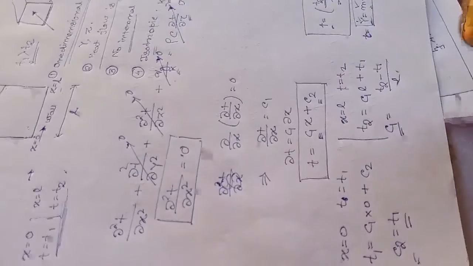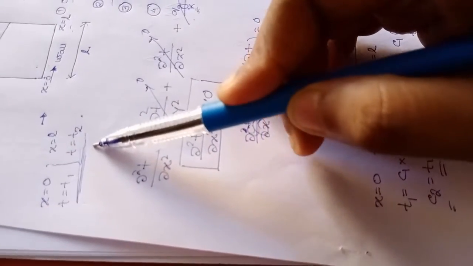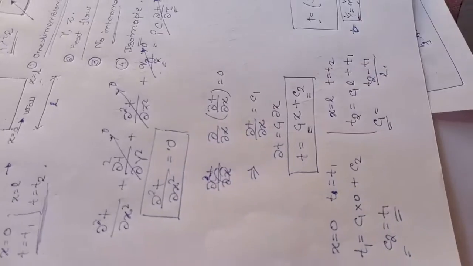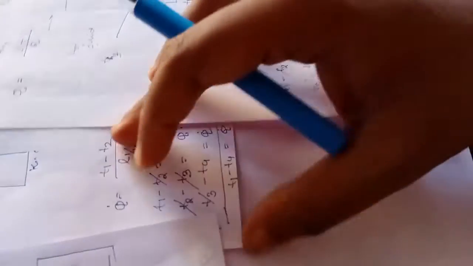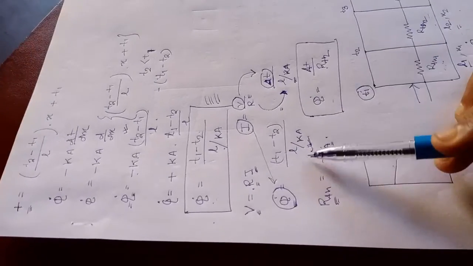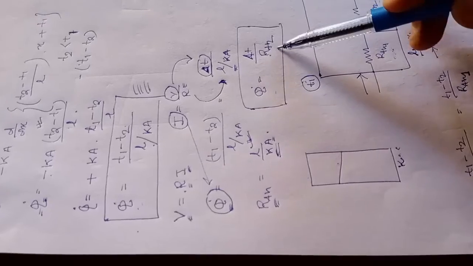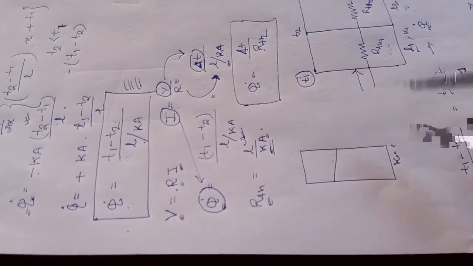And what are the boundary conditions? At x is equal to 0, T is equal to T1, and at x is equal to L, T is equal to T2, and we have derived the total equation like this. Then we have seen that this is for a plane wall, and the equation is Q is equal to del T by (L by KA), or Q is equal to del T by RTH.